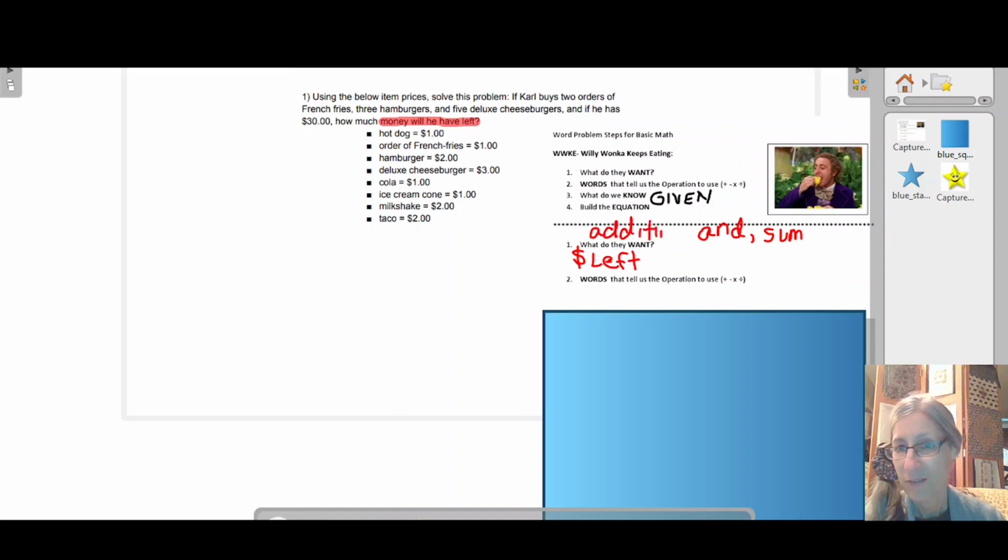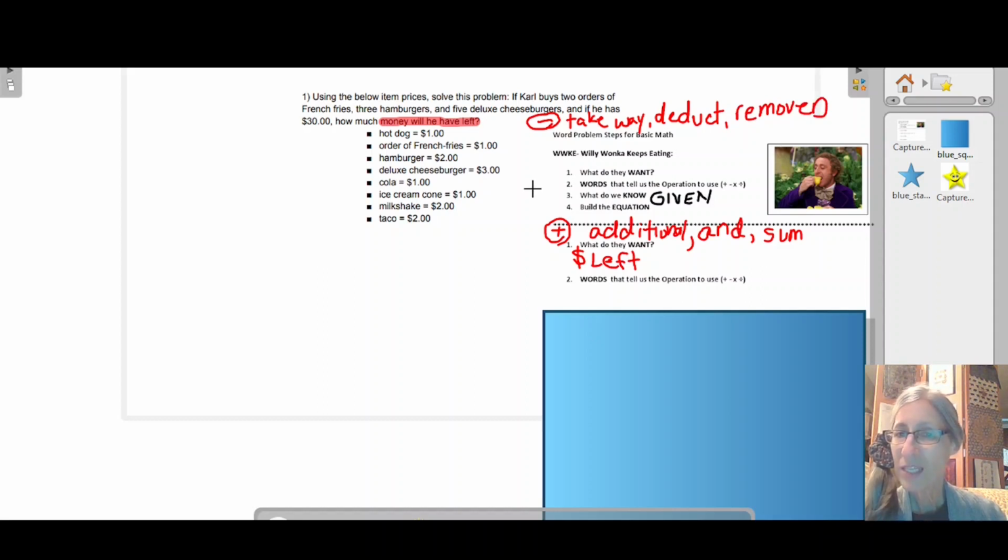So those all kind of mean add. And for subtraction, it could be like take away, take, deduct, that's a fancy word, or removed, that would mean subtract.